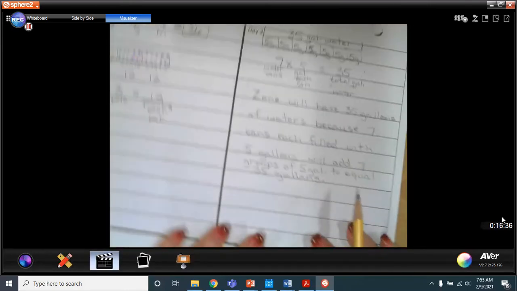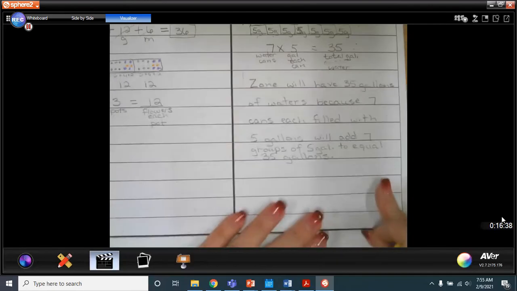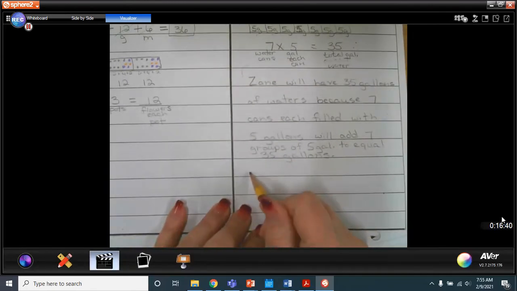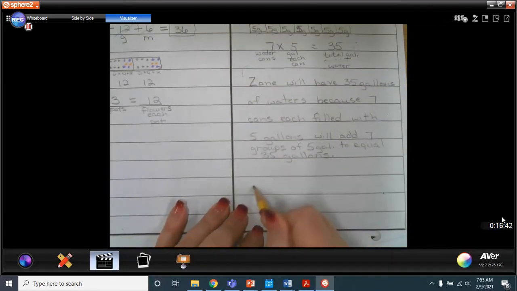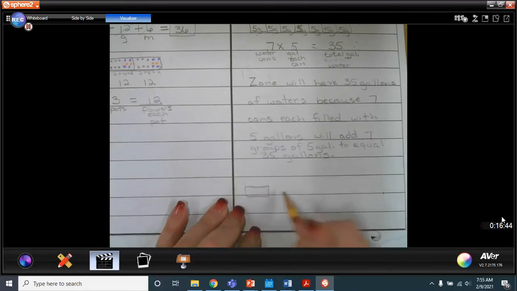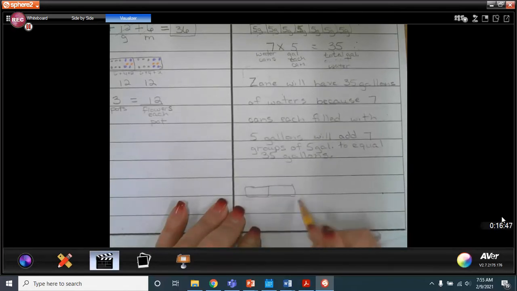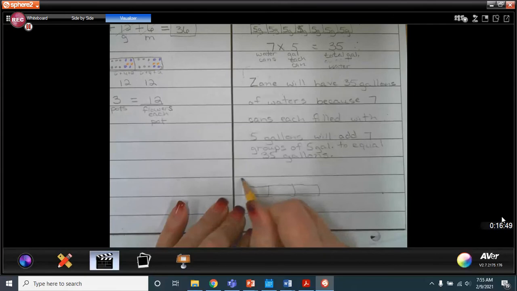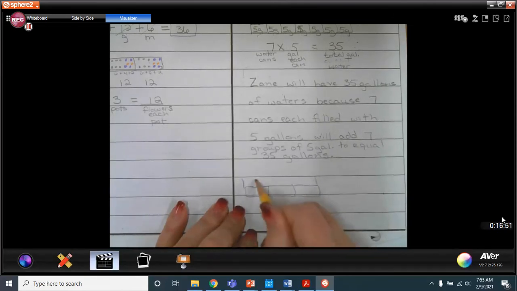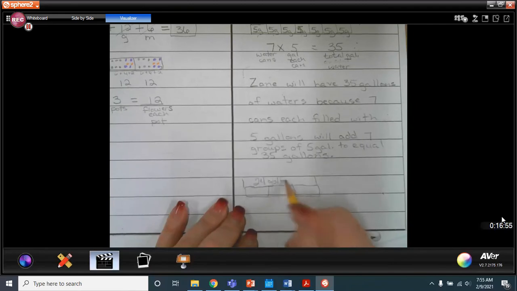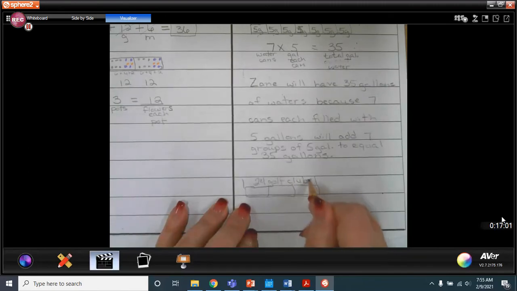So here's Quain, and Quain is going to have 3 golf bags, and he is going to share all of these clubs, which is 24 golf clubs. Our total goes on top here. It's not 24 in each bag. It did not say there are 24 clubs in each bag.